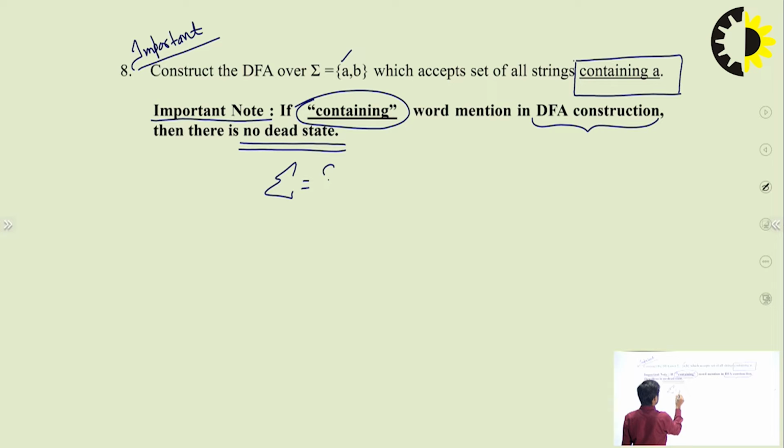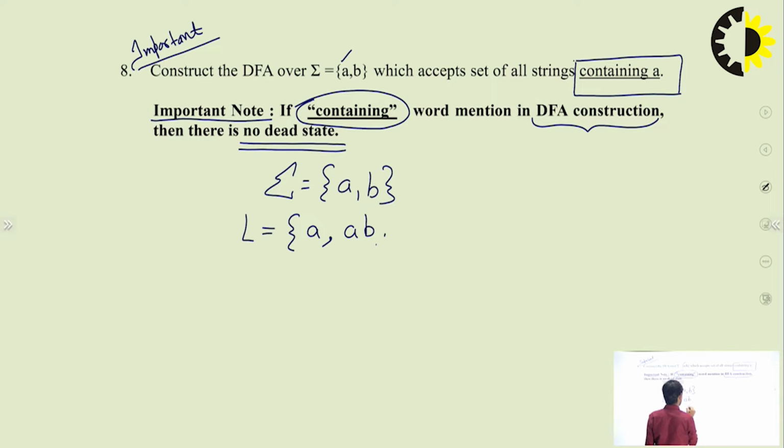Now let's construct the DFA. Here sigma equal to {a, b}, and the language will be strings containing a. So only a also comes in the language, a and b, b and a. Containing a means a minimum of one a.